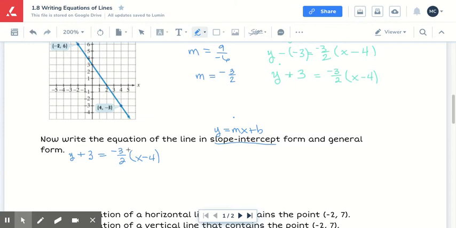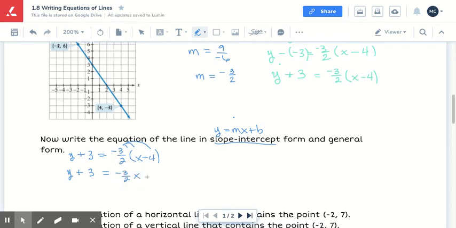And then I'm going to simplify. So in the form that I want it in, there shouldn't be any parentheses. So I'm going to go ahead and distribute this negative 3 halves into everything inside the parentheses there. So negative 3 halves times x would be negative 3 halves x.